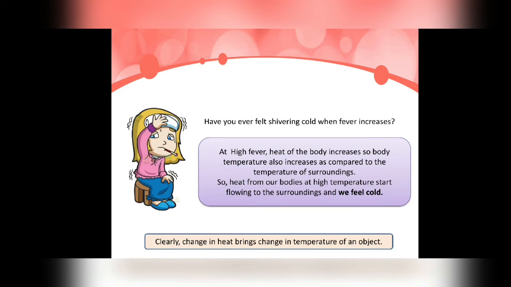So this clears that when more heat is provided, temperature increases very quickly. When low heat is provided, temperature rises very slowly. So we can say that change in temperature of a body depends upon two things. What are the two things? One, the nature of the material of the object, and second, the amount of heat being supplied to that object, right?